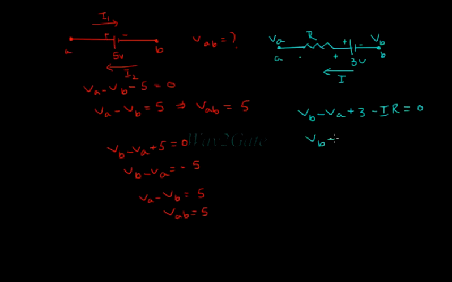Therefore, VB minus VA is equal to IR minus 3. On multiplying by minus 1 on both sides, VA minus VB comes out equal to 3 minus IR.